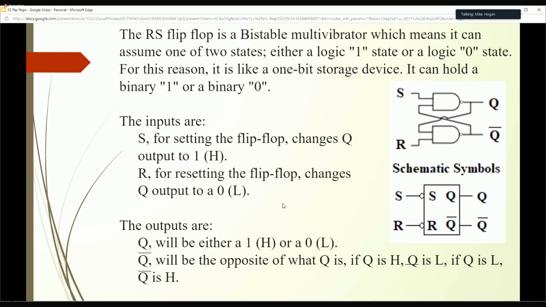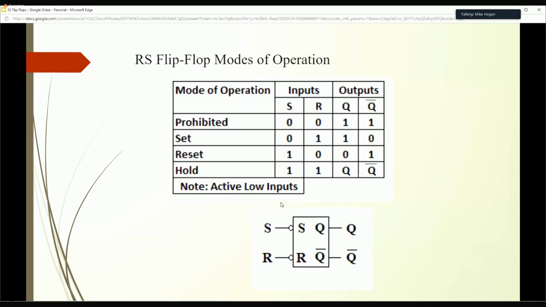Let's take a look at what this input chart would look like. Here we have my RS flip-flop. Looks exactly the same. Set, reset, Q, Q not. We said that set was active low, reset was active low.